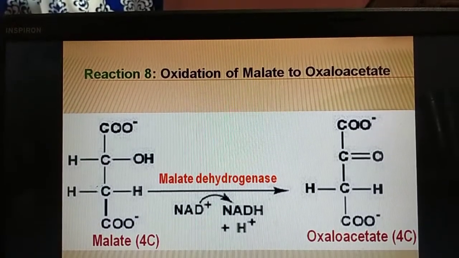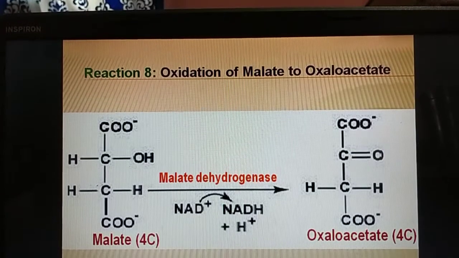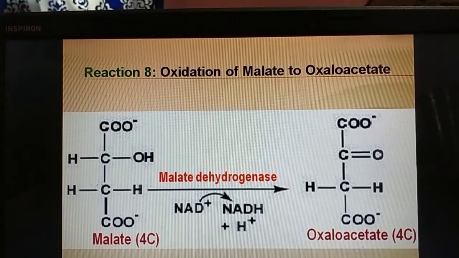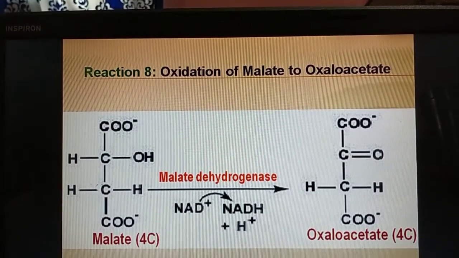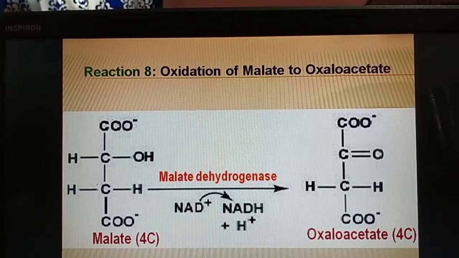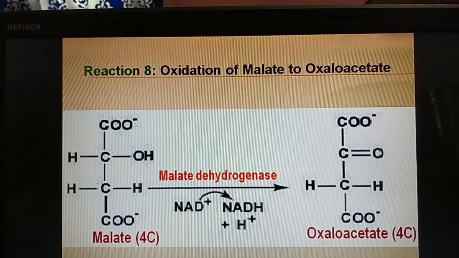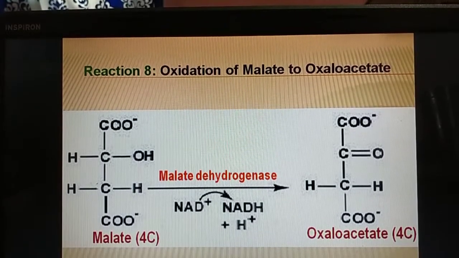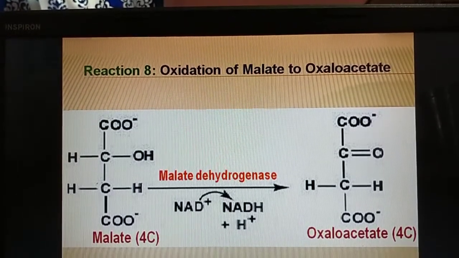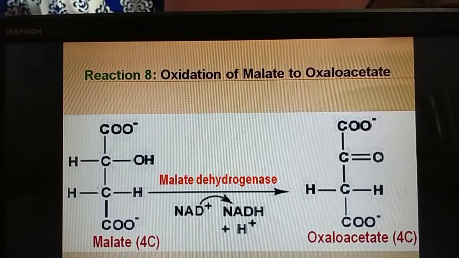In reaction number 8, oxidation of malate to oxaloacetic acid, or generation of oxaloacetic acid. The 4 carbon compound malic acid is converted into oxaloacetic acid, also a 4 carbon compound, in the presence of malate dehydrogenase, liberating one molecule of NADH2.